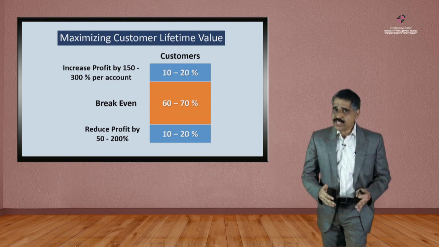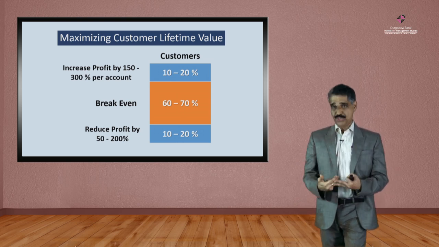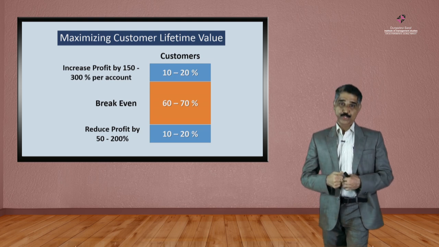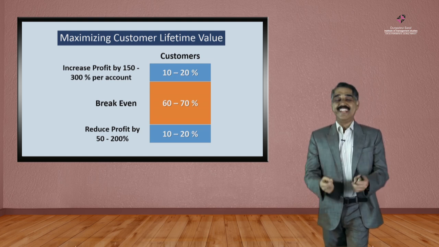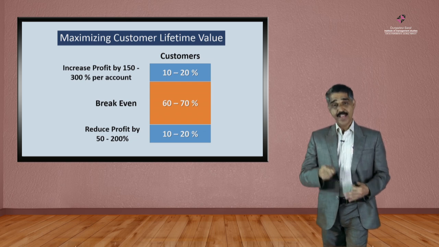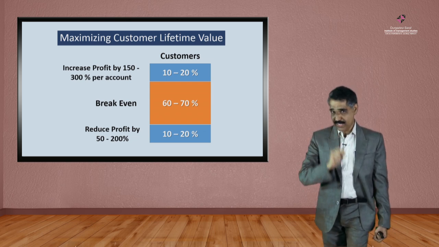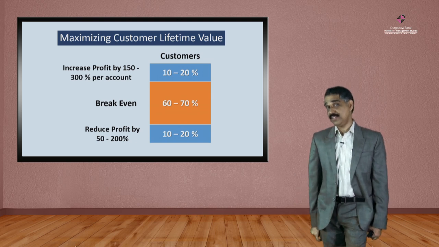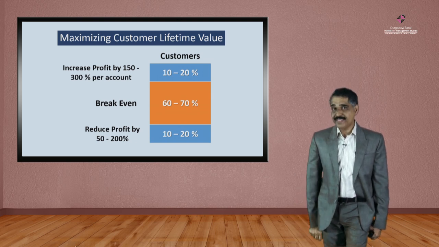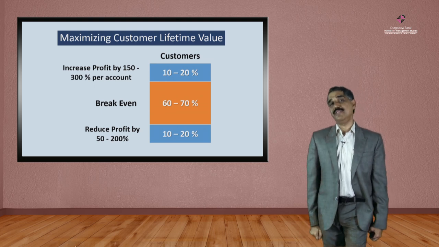Now that is one way of Shoppers Stop's strategy to pamper, to please these selective privileged customers. Therefore, they increase the profit by 150, anything between 150 to 300 per account. That is the reason why Shoppers Stop is one of the leading companies earning profit.